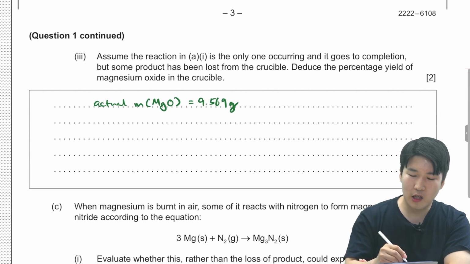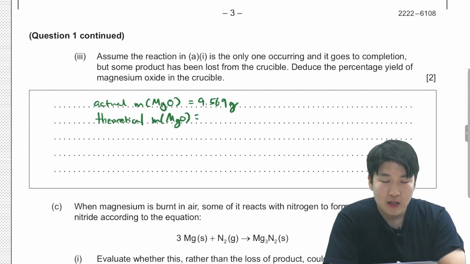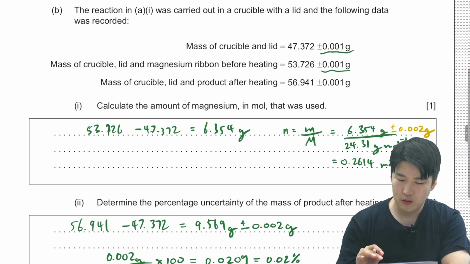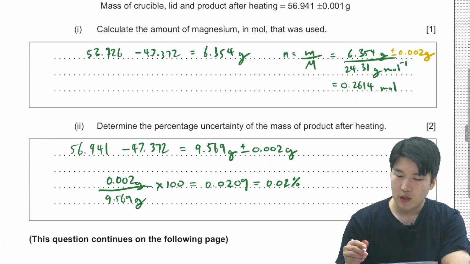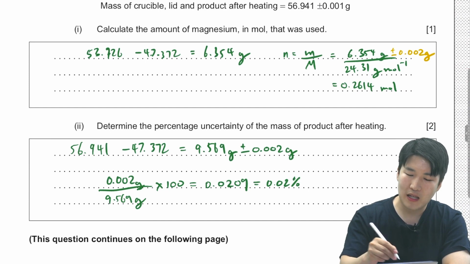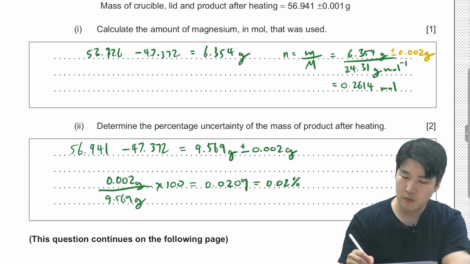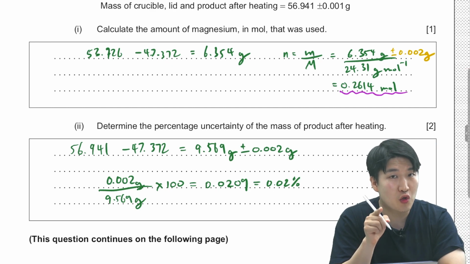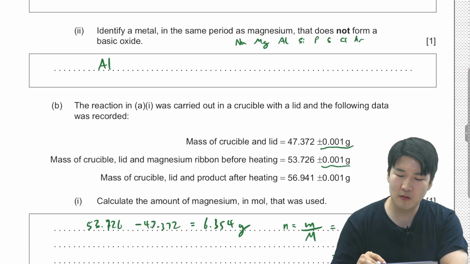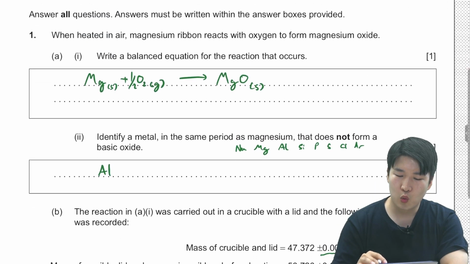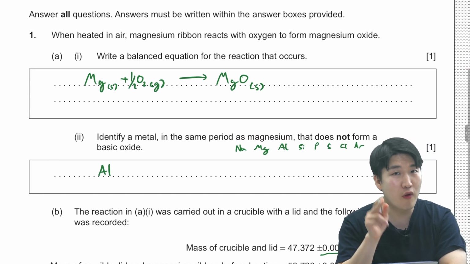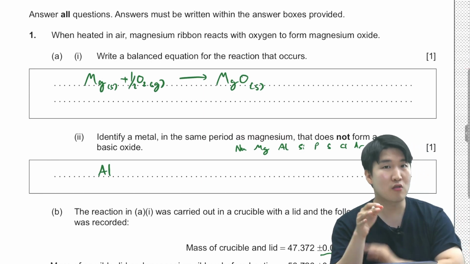But in theory, the mass of magnesium oxide should be the amount of magnesium times the molar mass of magnesium oxide. Why? Because magnesium will be converted to magnesium oxide in 1:1 molar ratio. That's why stoichiometry is important.